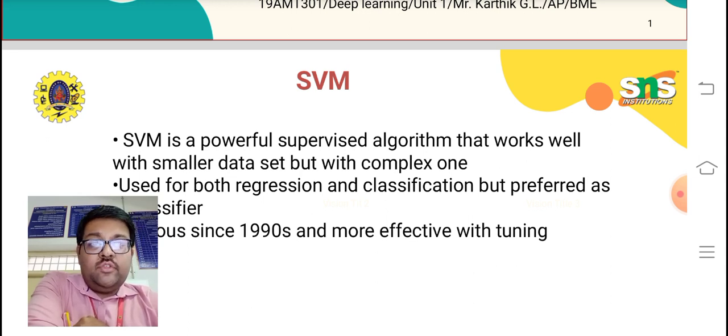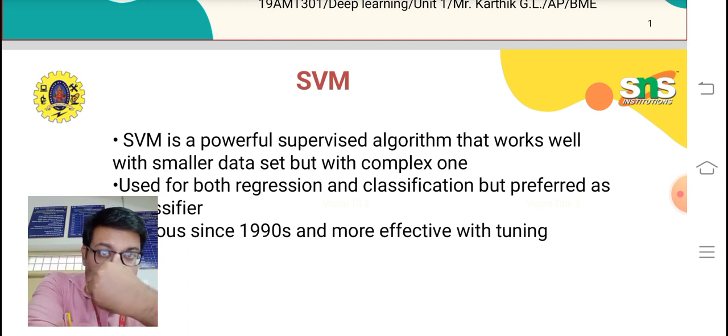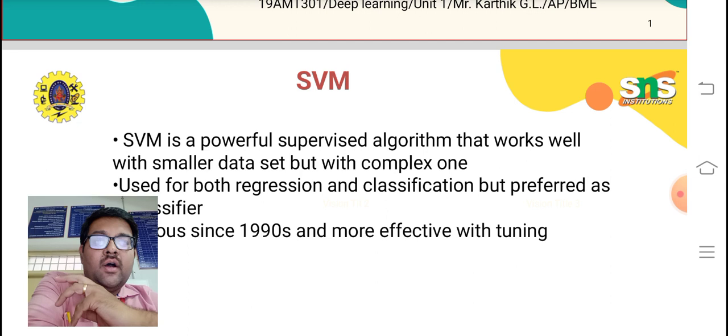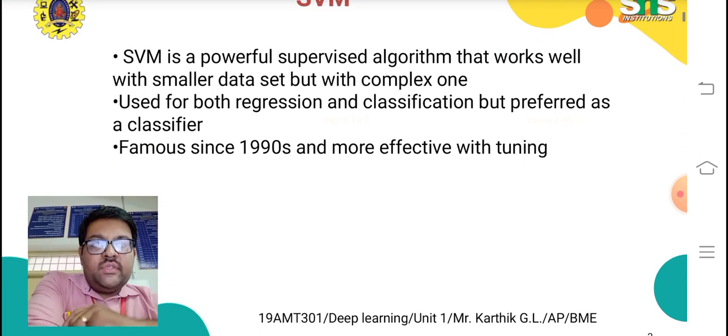It works well with smaller data sets, but with the complex ones in which the data sets are not easy to classify. It is used for both regression and classification, but it is preferred as a classifier. It has been famous since the 1990s and is more effective with a tuning process.